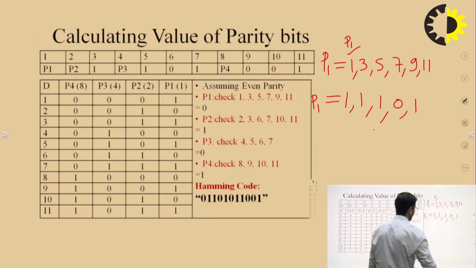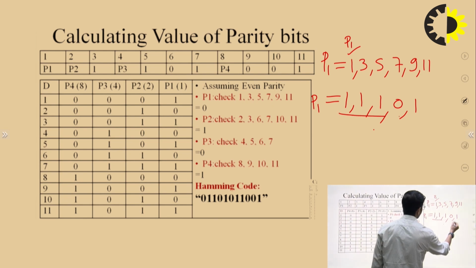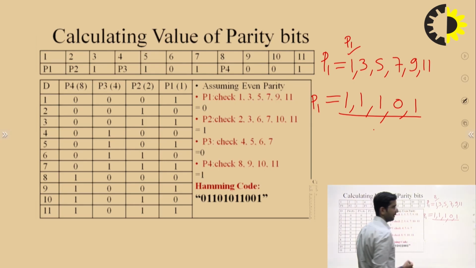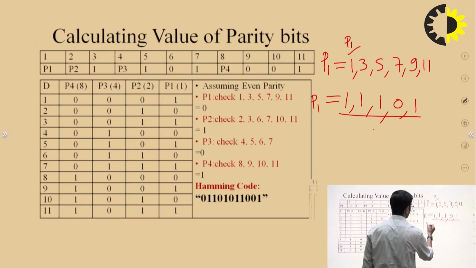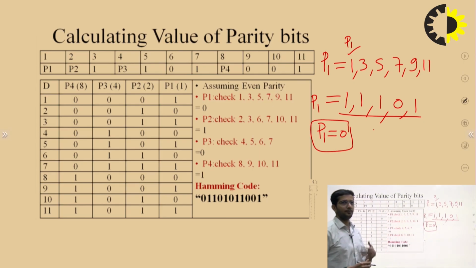So if we are using even parity, it means there should be an even number of ones in a message signal. As we can observe, there are 4 ones, that means it is already in even parity. So the P1 value should be 0, because we need not place one extra one, since this is already in even parity form.